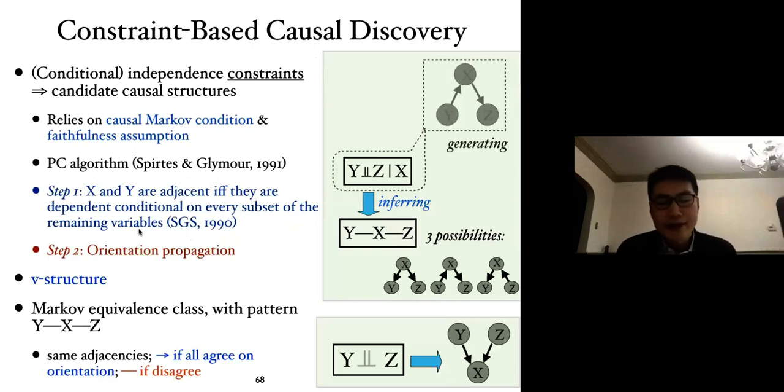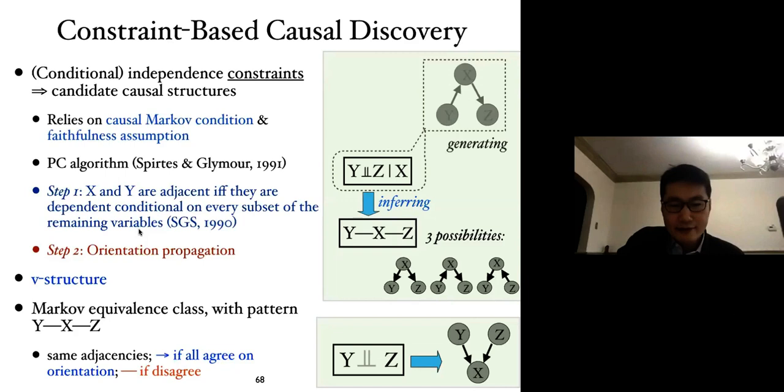It also means that if X and Y are conditionally independent given any subset of the remaining variables, then they are not adjacent. This way you can find the adjacency. So this is the answer to the first question.